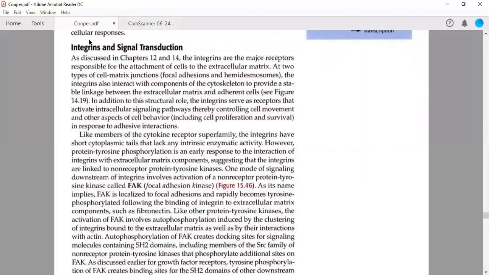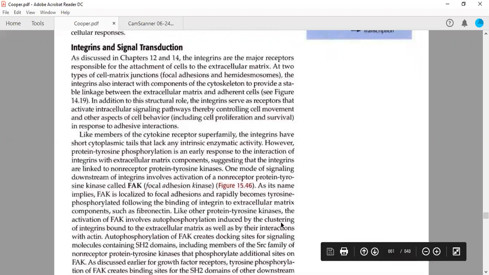So if you want to study integrins, we actually need to move. Okay, so there are two types of integrins. Let me find integrin in this.